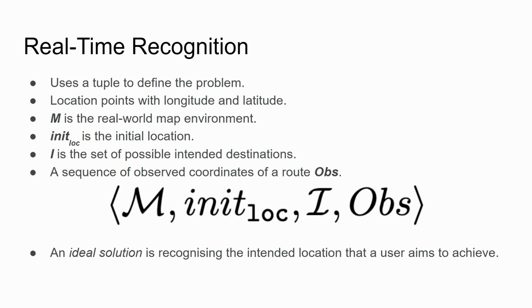OBS is a sequence of observations represented as latitude and longitude coordinates that the system observes incrementally, representing a sequence of observed coordinates of a route for achieving an intended location point LOC in I. An ideal solution for this problem is recognizing the correct intended location point LOC in I, which is unknown from the recognition system's perspective, that an observed user aims to achieve for every observation point O in the observation sequence OBS.